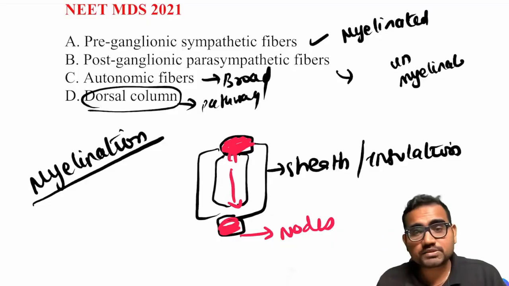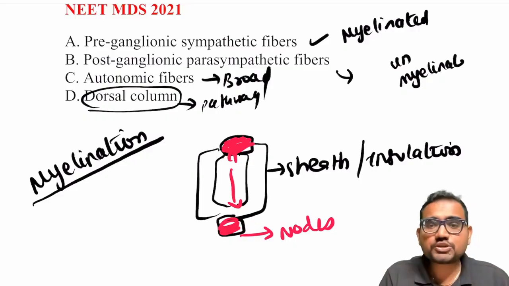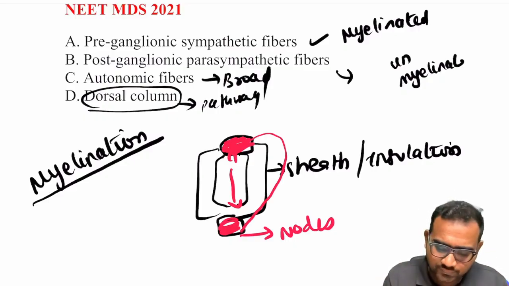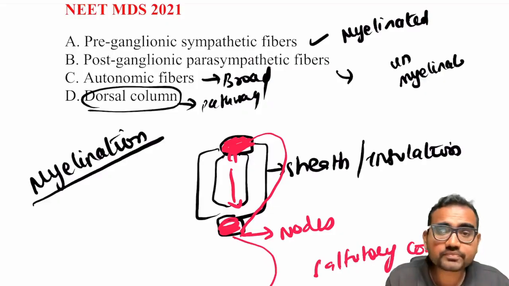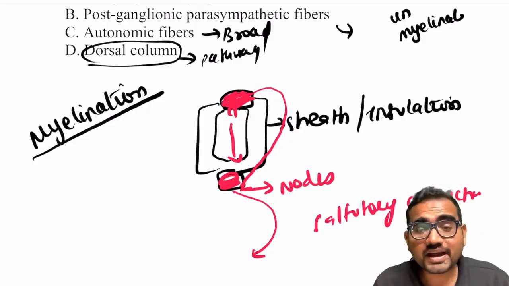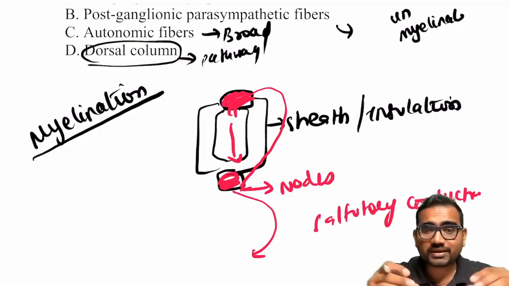So there's going to be less energy consumption, because once the action potential is generated, I'm going to jump from here to here. That is saltatory conduction. That is what is happening in myelinated nerves. I require less energy, because I'm going to jump from one node to another rather than traveling throughout the nerve.